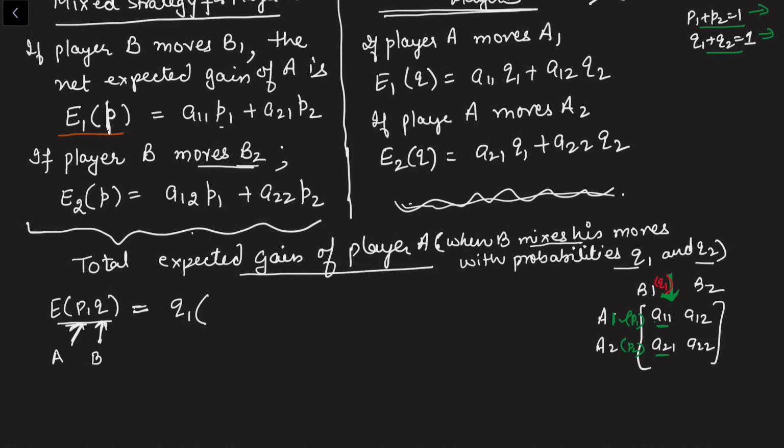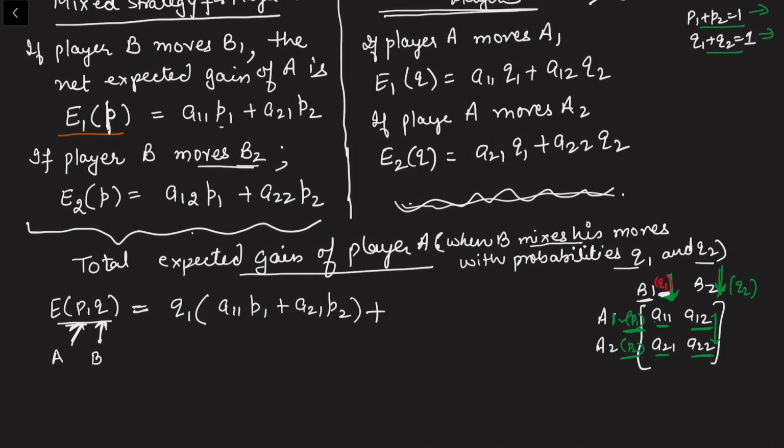So if B1 is selected, this comes with probability Q1, and in this case Q1 comes with A11 into P1 plus A21 into P2, plus similarly if B2 is applied by player B, this comes with the probability Q2, and in this case now if I am going to read, A12 comes with P1 probability and A22 comes with P2.